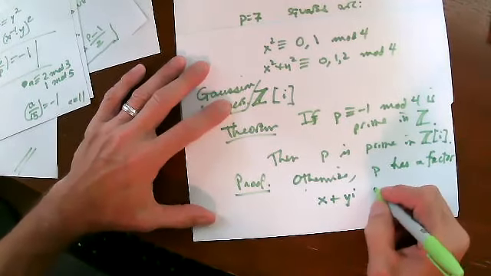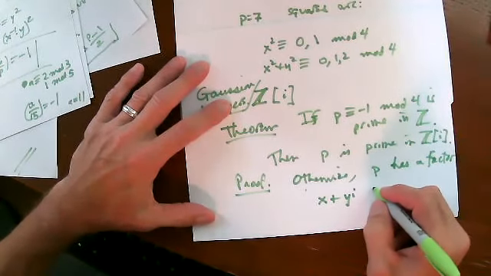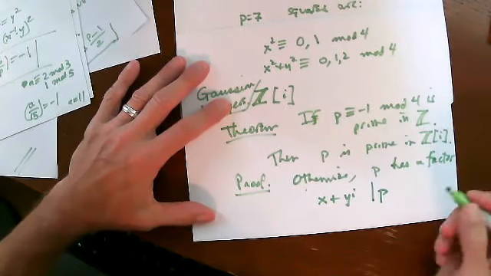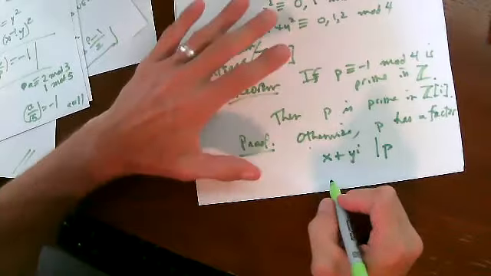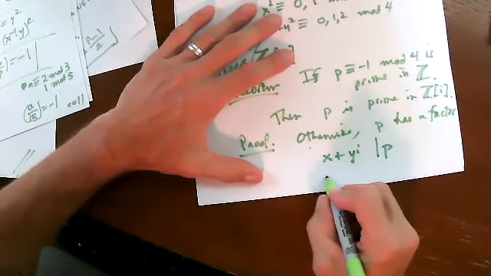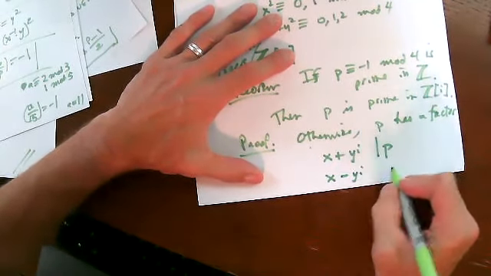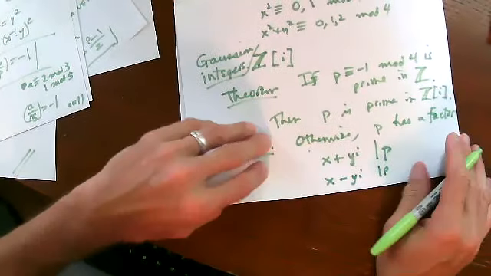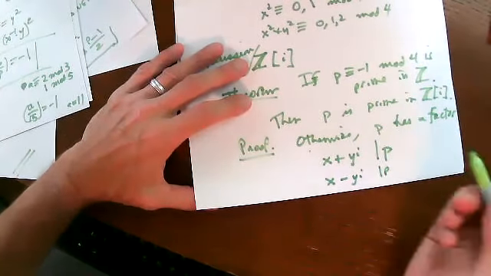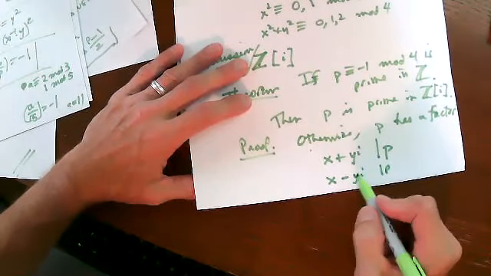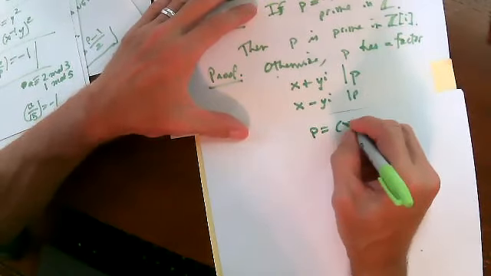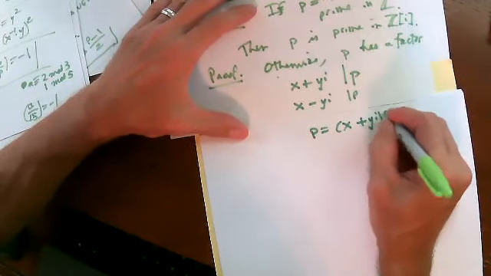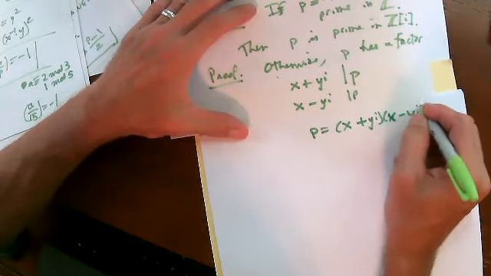So if this divides p in the Gaussian integers, then if I take complex conjugates of both sides, x minus yi would also divide p. Well, you would actually be able to write p as a product of two factors. One of them would be x plus yi, and the other is x minus yi. And so you would have p expressed as a product, x plus yi times x minus yi.